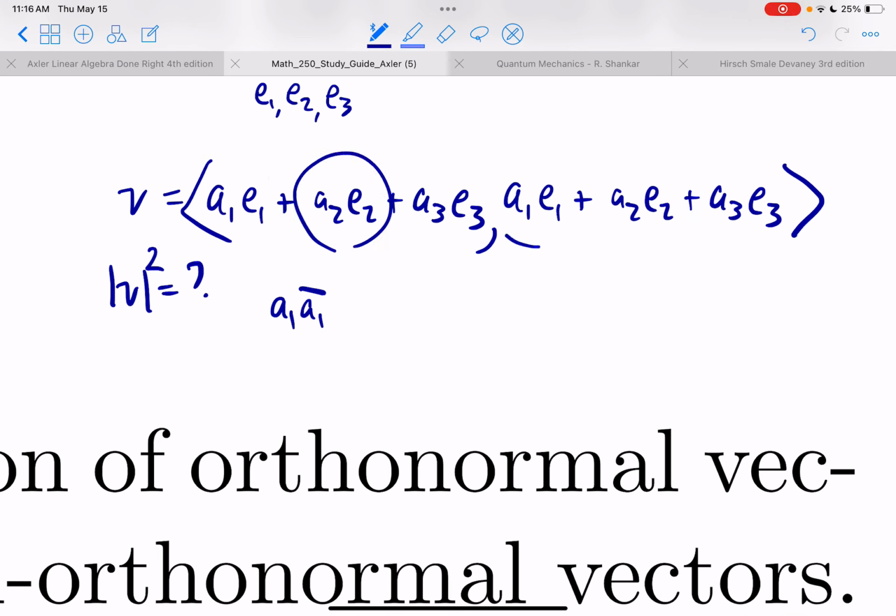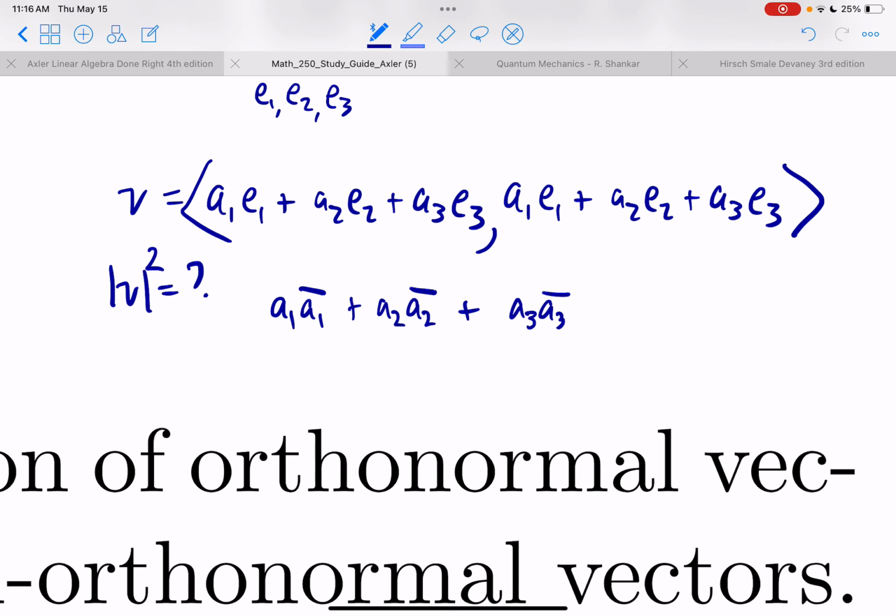Now e2 dot e1 is 0, and e2 dot e2 is 1, so we're going to get an a2 and an a2 bar, and that 1 we will just not write. And similarly, we're going to get a3 bar.